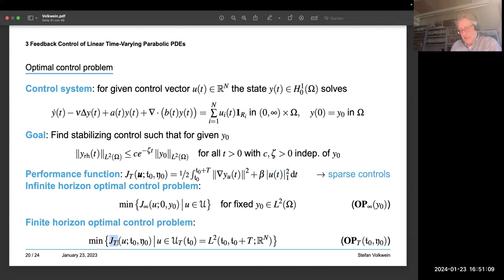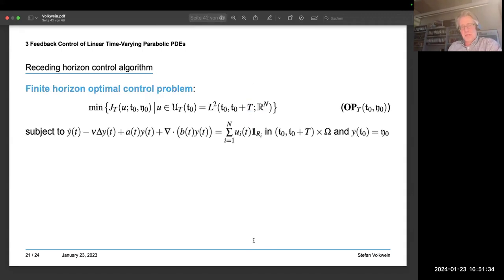And on this interval from some initial time t0 to t0 plus T, so T is the time horizon, we look for an optimization problem. So this is a finite time horizon, so it can be solved, this is linear quadratic, by stuff we have done in the first section. So this can be applied. So that is the idea. And again, here's this finite horizon problem.